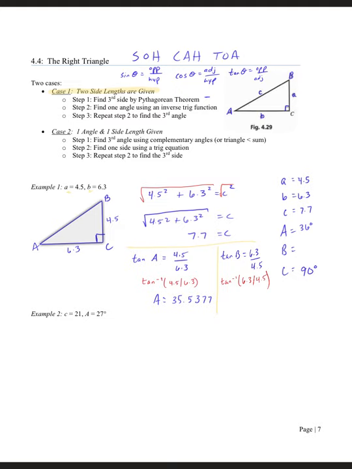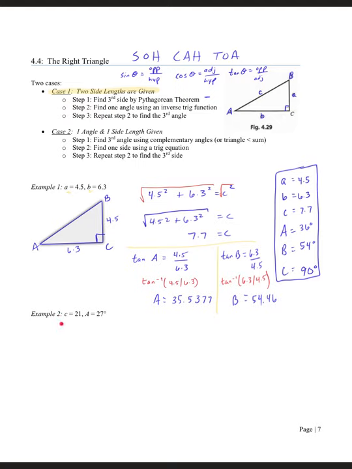And now I'm getting an answer of B is equal to 54.4623, so forth. And if we want to round to the nearest angle measure, we know it would be 54 degrees. So therefore, now that we have all 6 of our measurements, we know we have solved the right triangle.